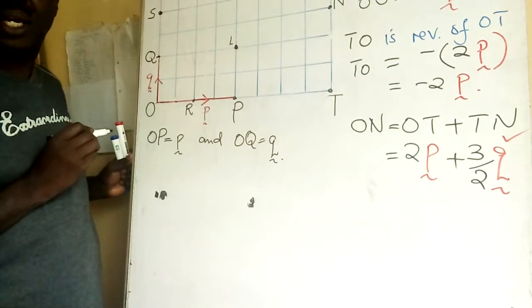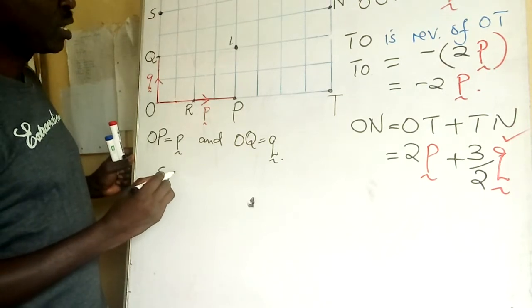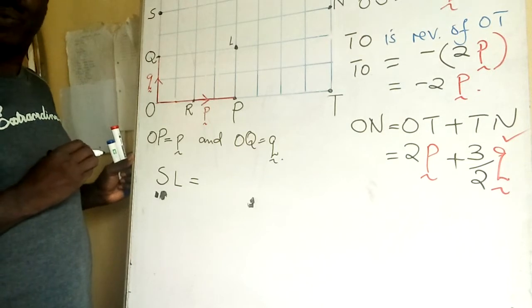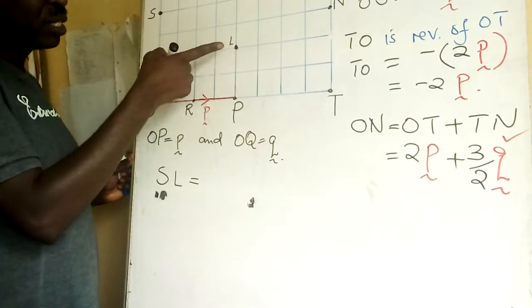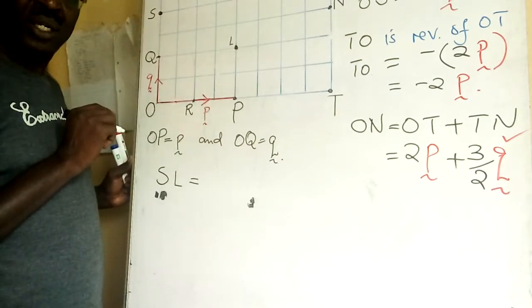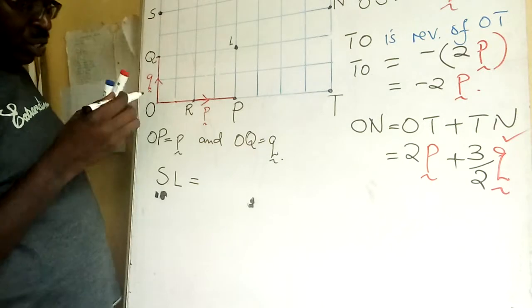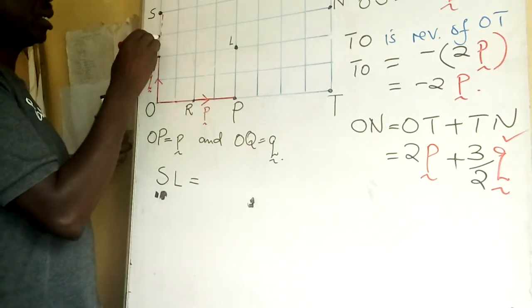So I want to do SL. So I write SL is equal to, just look at this diagram now. I want to move from S to L. You can use this movement. From there, I can come this way.